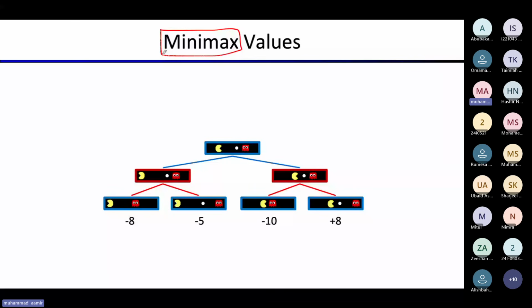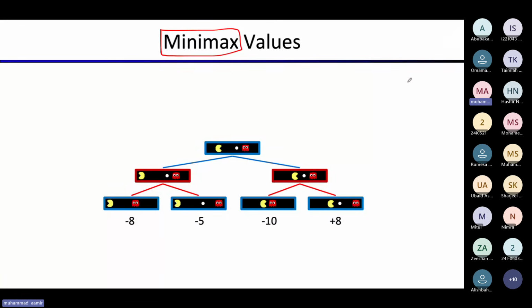We decided that one player is the max player, the second player is the min player, one move is of the max player, and the second move is of the min player. Which particular state we will select on the basis of the scores, and we move on. This is the same game tree, but here we calculated these values on the basis of the Pac-Man moves already discussed with you.